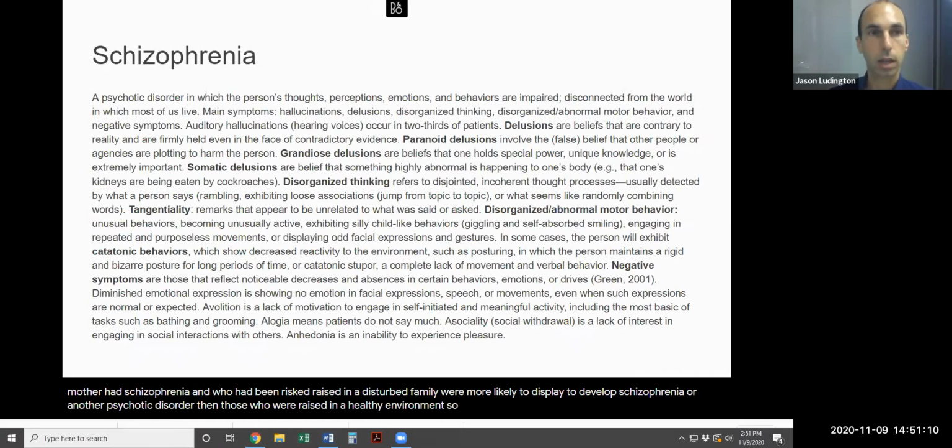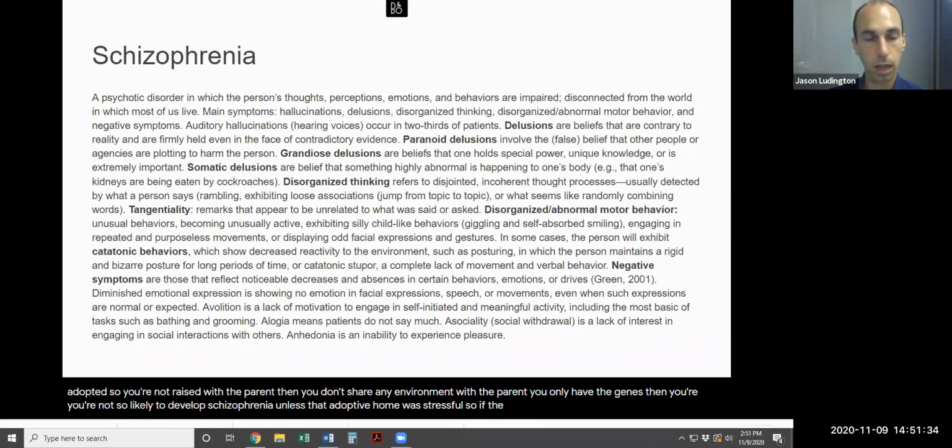So if you had a schizophrenic parent and then you were adopted, so you're not raised with the parent, then you don't share any environment with the parent. You only have the genes. Then you're not so likely to develop schizophrenia unless that adoptive home was stressful.